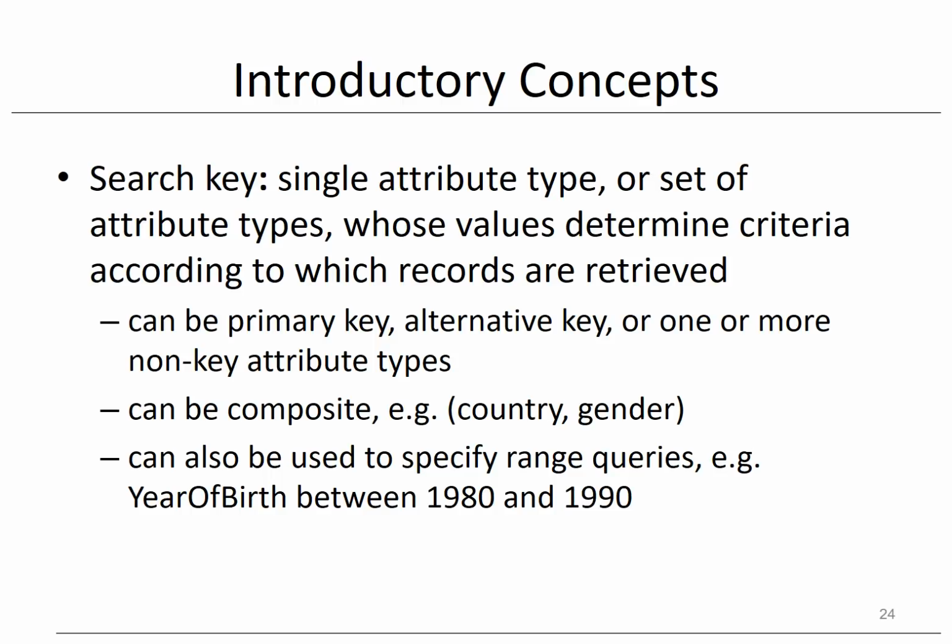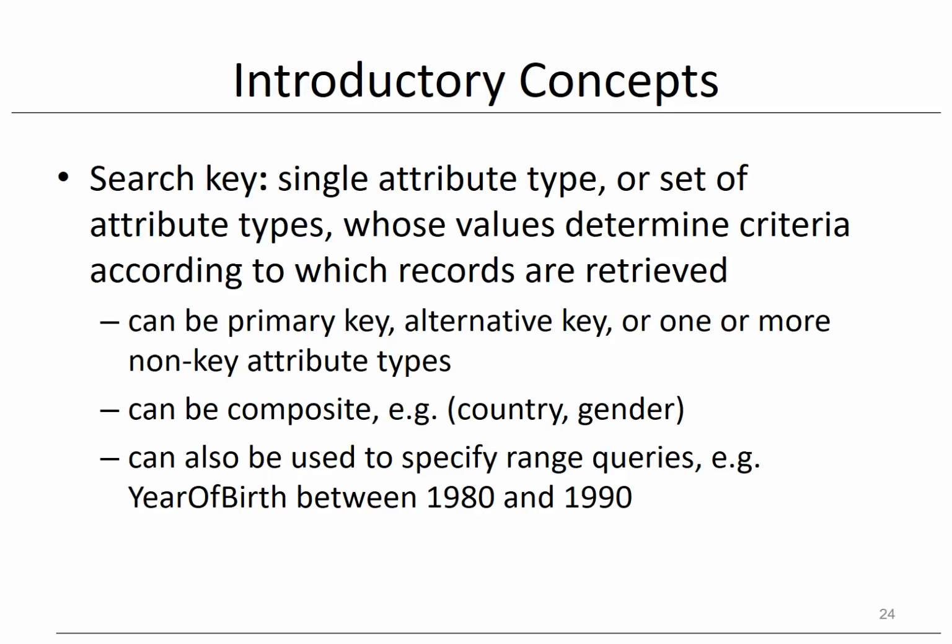Although primary keys are often used to retrieve data, a search key can just as well consist of one or more non-key attribute types. Indeed, one often needs to define data according to other criteria, which do not represent unique identifiers. For example, the class of a flight seat, such as economy class, business class, first class, etc., is a search key that can be used to retrieve seats, but the result is not necessarily unique and may contain many seats.